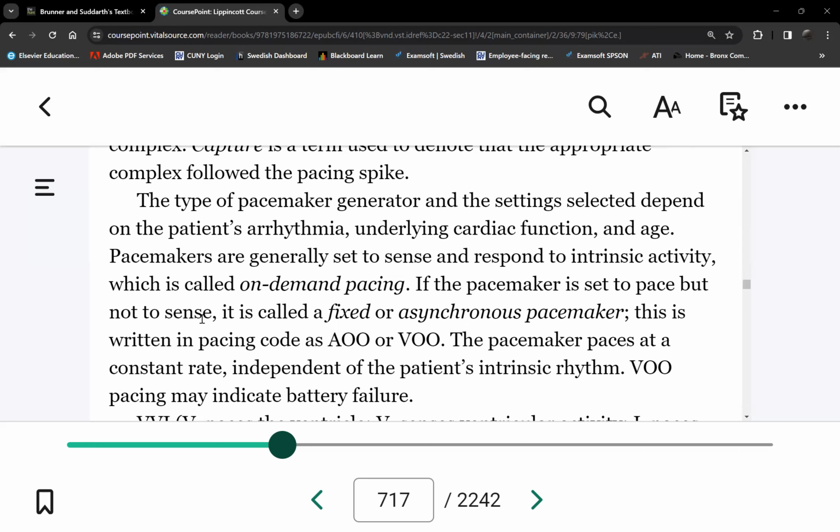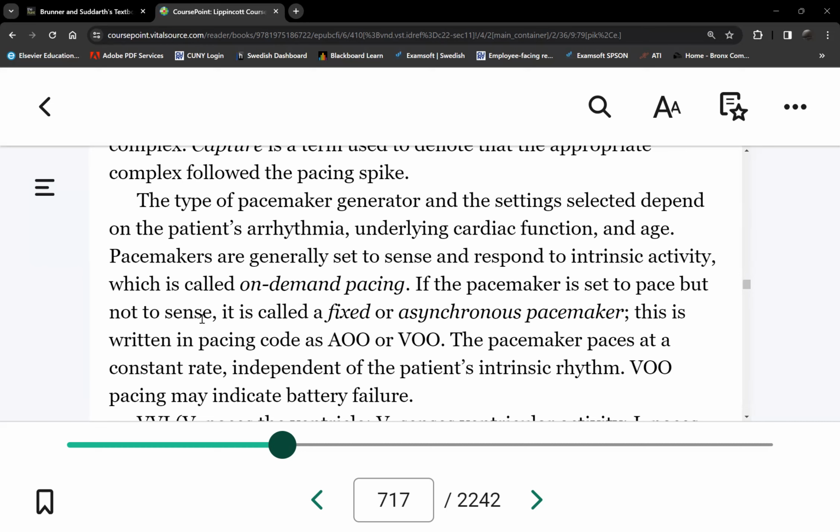This means the threshold usually is 70, which means if the patient's SA node fires less than 70 beats per minute, meaning 70 electrical impulses per minute, the pacemaker will kick in only during those times. So if the patient's intrinsic rate or the SA node falls below 70, the pacemaker turns on, starts firing. Does that make sense?